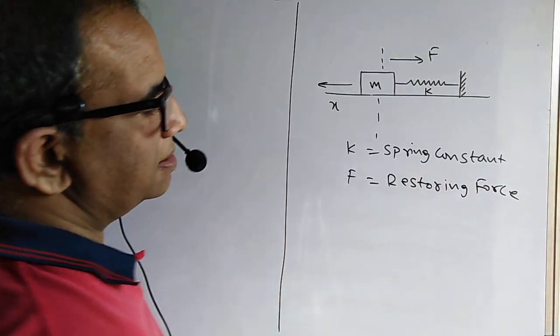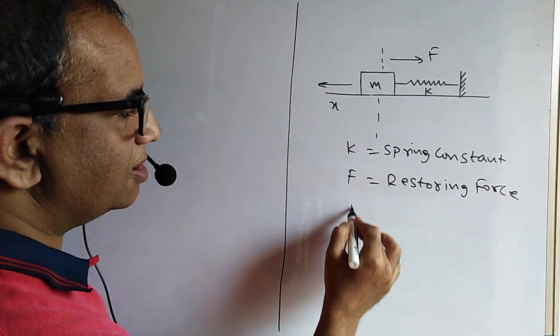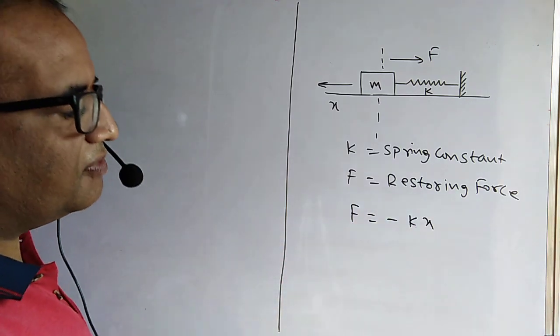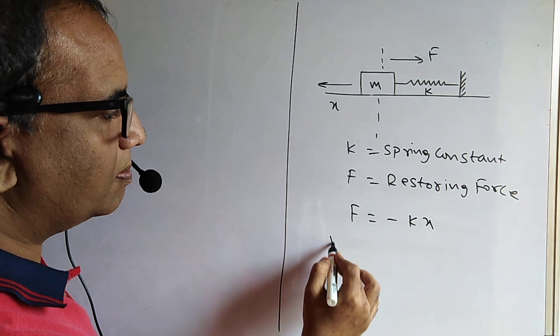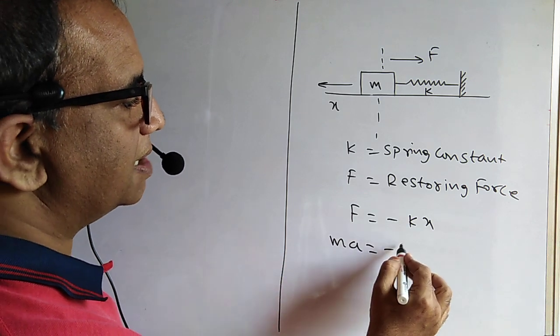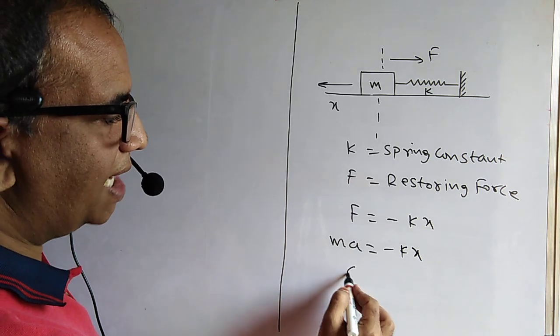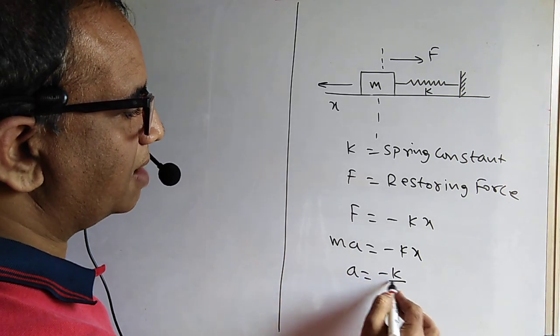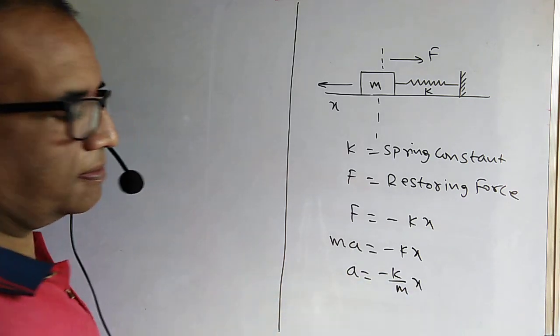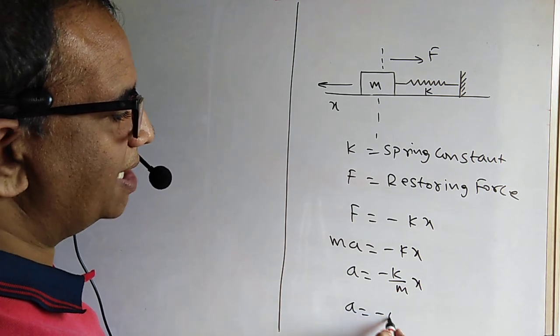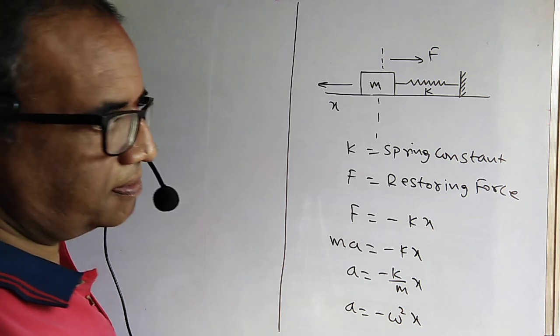Carefully, you can write F equals minus kx, or F is nothing but mass into acceleration, which is minus kx. Or you can write acceleration equals minus k by m into x. Therefore, acceleration equals minus omega square x, as we already got for SHM.